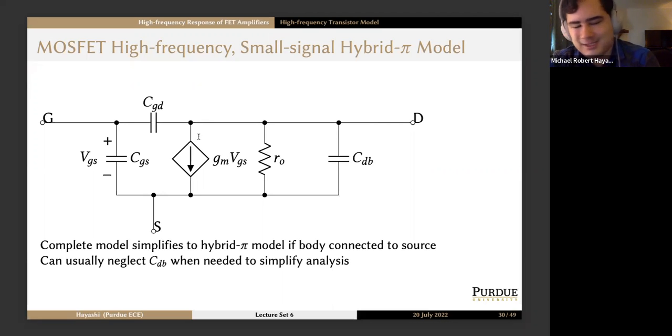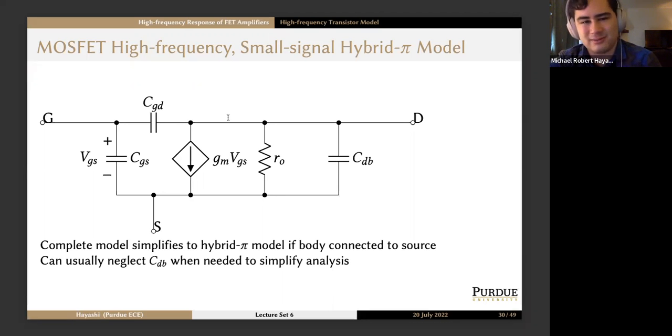So gm vgs is going to be part of the current flowing out of the drain terminal, but flowing into the drain terminal is also the current through this capacitor, s CGD vgs.